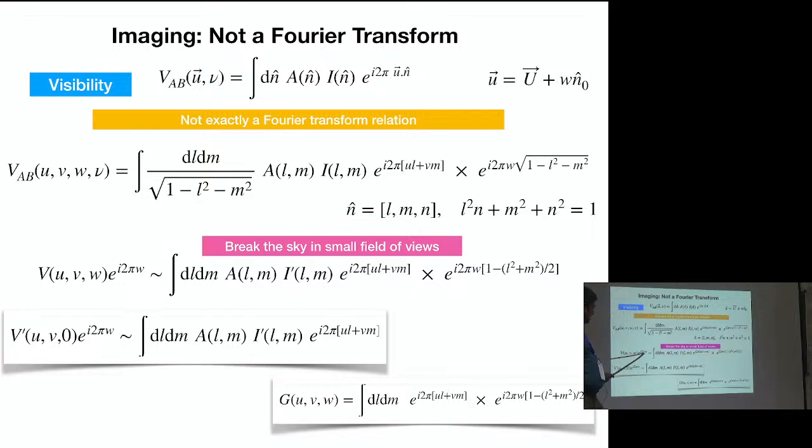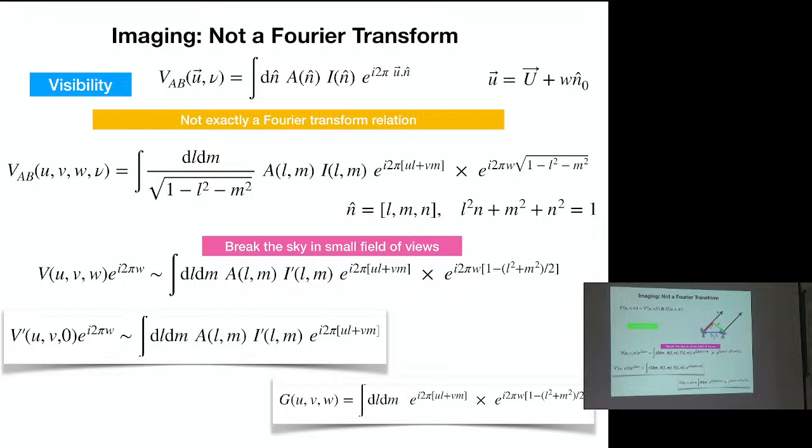This quantity in the left hand side is a Fourier transform of A times I multiplied by this thing, right? If I go to the Fourier domain, then it will be a convolution of the integral up to this and G. The integral up to this is the visibility if W equals 0. So that's what I have written here: purely W equals 0, and the rest of the thing is the G.